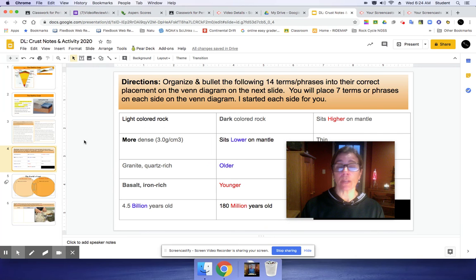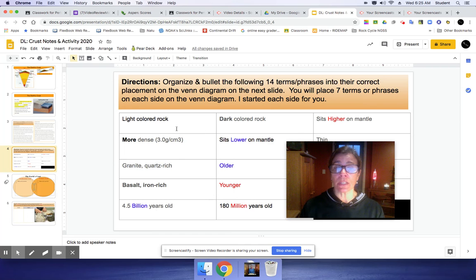Slide 4, the directions read: organize and bullet the following 14 terms and phrases into their correct placement on the Venn diagram on the next slide. You will place 7 terms or phrases on each side of the Venn diagram. And I started each side for you, so it shouldn't be too difficult. So take a look at my list of words or phrases.